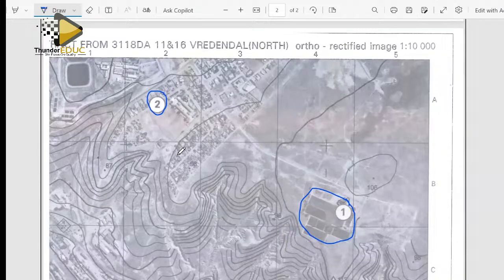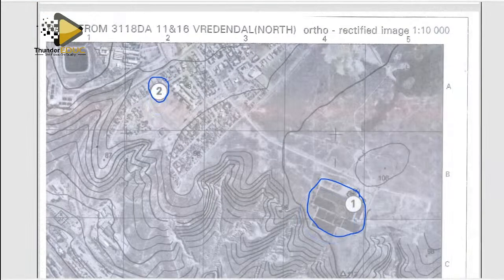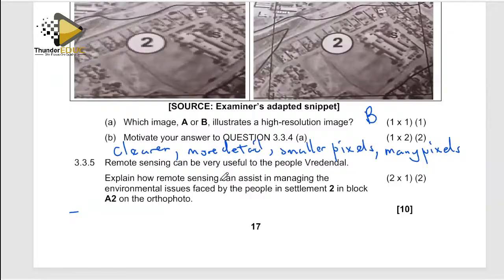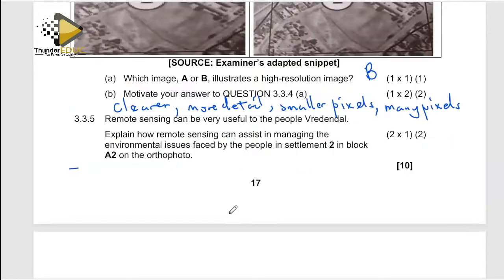Typical problems that they can face there is the problem that is caused by the sewage works, which is to the extreme southeast of their settlement. Right. So what can be done using remote sensing? Try and find solutions to typical problems caused by the effect of the sewage works on their lives.